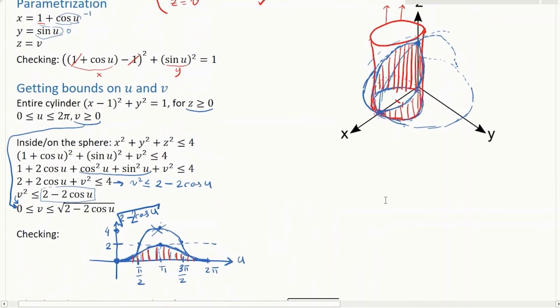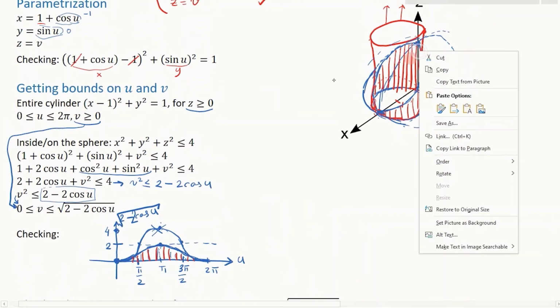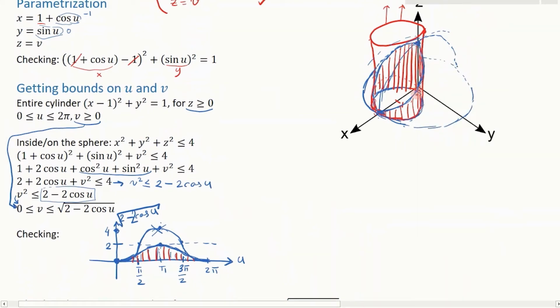We can also use a symmetry argument to say that it's actually a symmetric shape. Whatever happens for y being positive also happens for y being negative. It's exactly the same shape, just a mirror reflection.